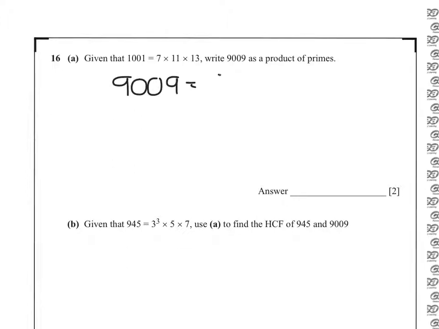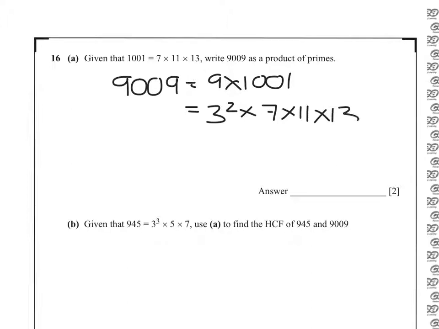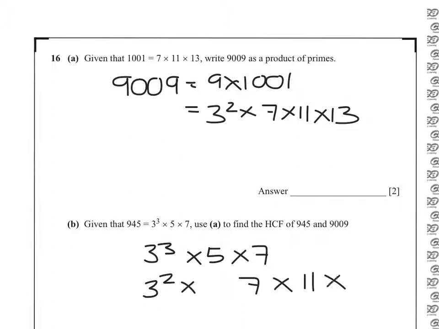9009 is 9 times 1001, and 9 is 3 squared. It's a product of prime factors, so that's 3 squared times 7 times 11 times 13. We have 3 cubed times 5 times 7, and I have 3 squared times 7 times 11 times 13.